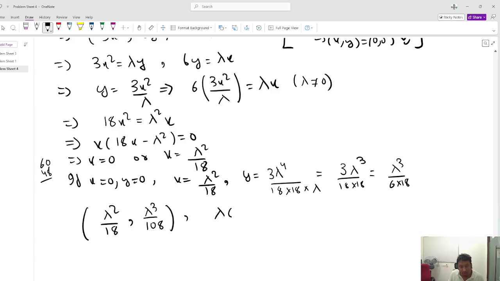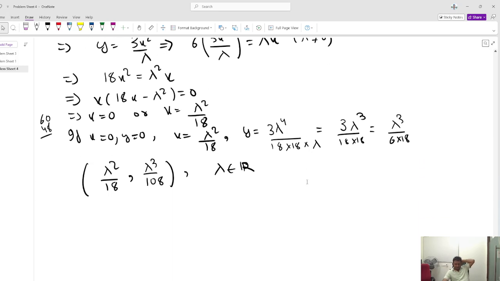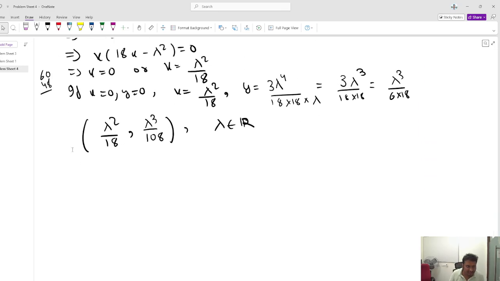So these are all the possible points you have. I'm covering 0 comma 0 also here. If lambda is 0, then your point is 0 comma 0. So at this point, you have to judge the function. What is the function? f(x,y) is x cube plus 3y square.